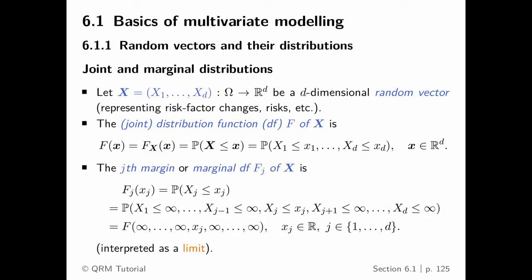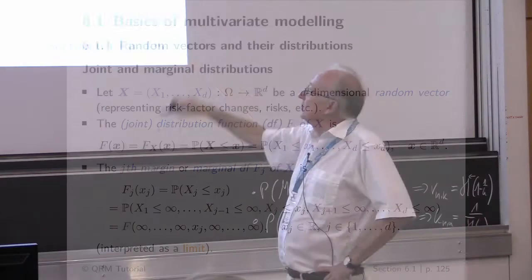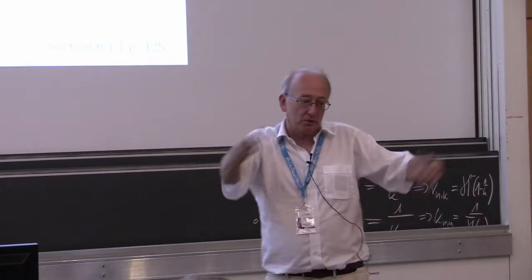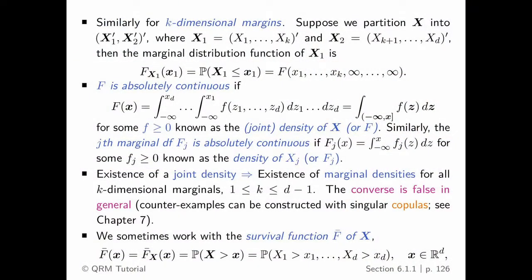Okay, so first of all, the joint distribution is the distribution of X1 to Xd less than their respective given values. From the joint, you get the marginals. So from a joint model, you get marginal distributions, nothing special. You can look at the marginal distributions of subblocks by just looking at the relevant part where you want to find the marginal distribution.